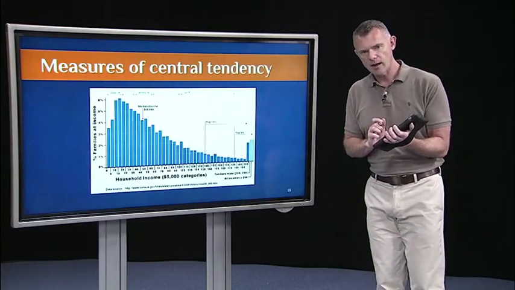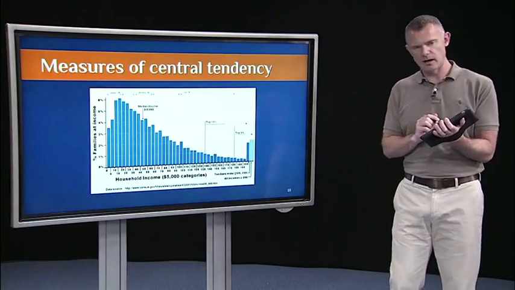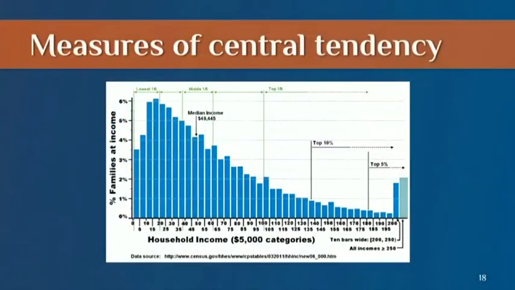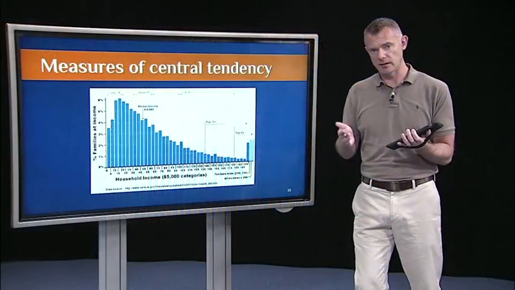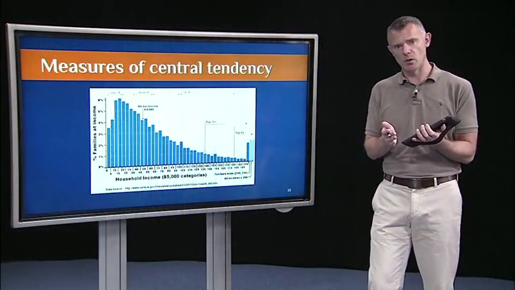Here's a more detailed graphic. Again, this one I just took off the internet. This is a histogram of household income in the United States. It shows this really extremely positively skewed distribution. Okay, here you're going to see a large difference between measures of central tendency like the mean, the median, and the mode.